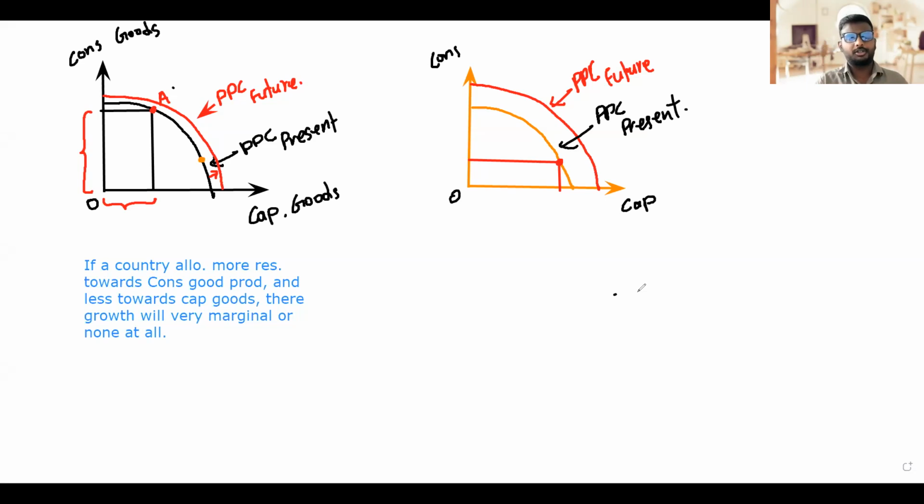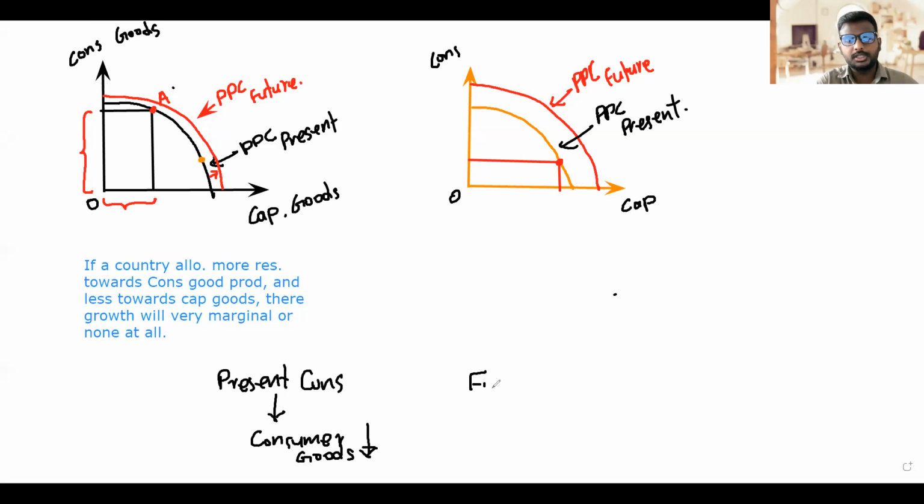One more point I want to stress is that when they say present consumption, they are referring to production of consumer goods, right? When they say cut back on present consumption, that means they are saying reduction in production of consumer goods.